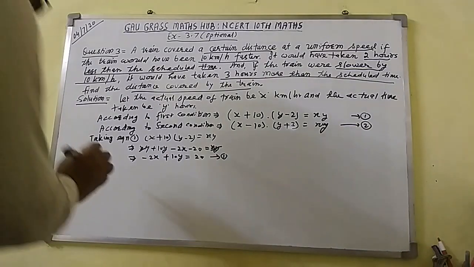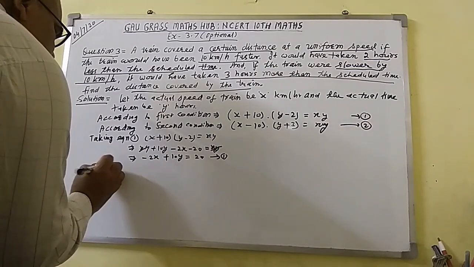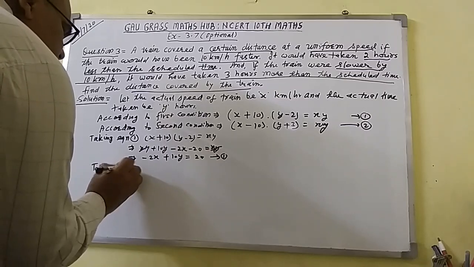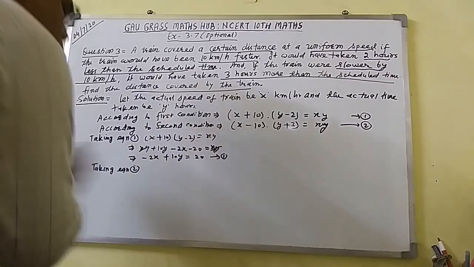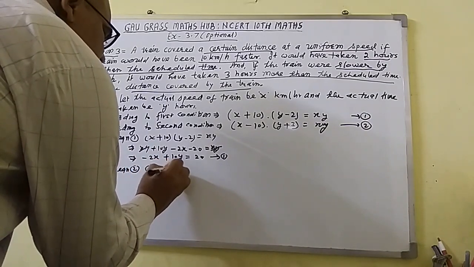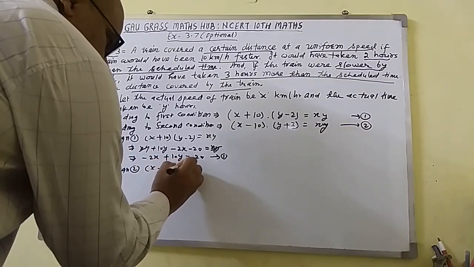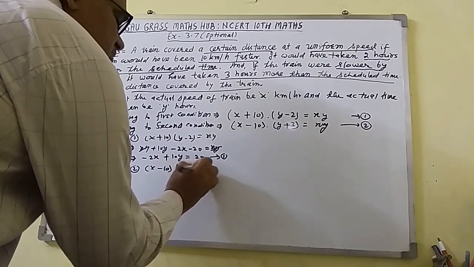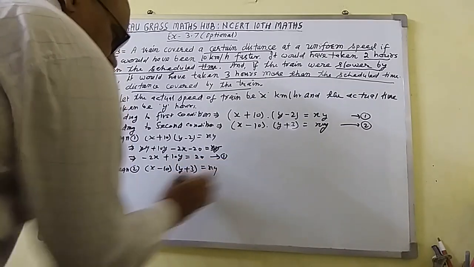Now taking equation number 2, x minus 10 into y plus 3 equal to xy.